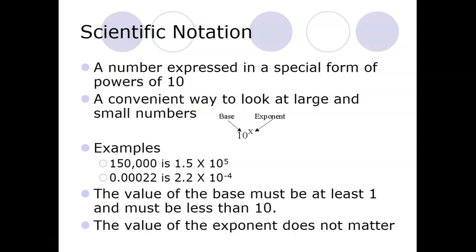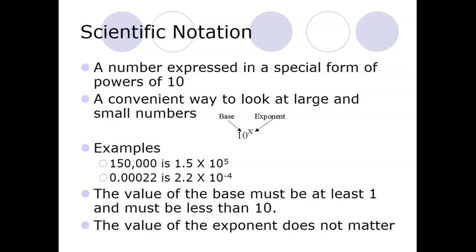You will only ever have one number in front of your decimal. Only one number in front of your decimal. Now, there's a reason I'm making a big fuss about that. Okay?